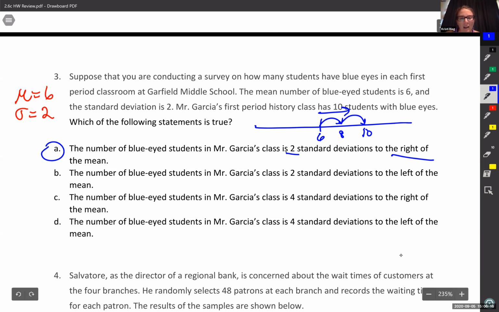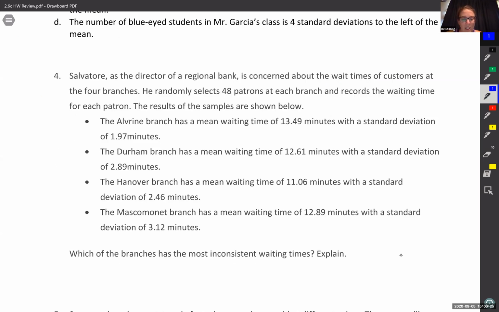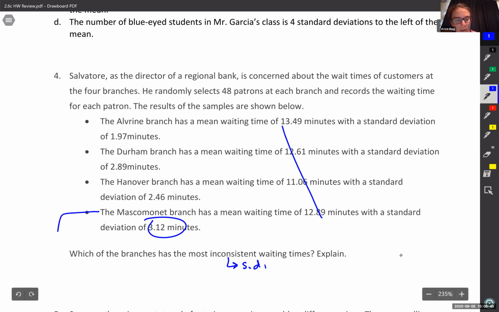All right, here we have a bank, and it has different branches and different wait times. Which of the branches has the most inconsistent wait time? So I don't need to worry about the mean. It's not part of the problem. What I want to look at is the standard deviation, because standard deviation has to do with consistency. So looking at these numbers, this one is the most inconsistent.